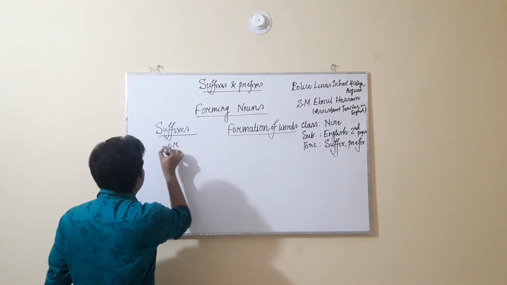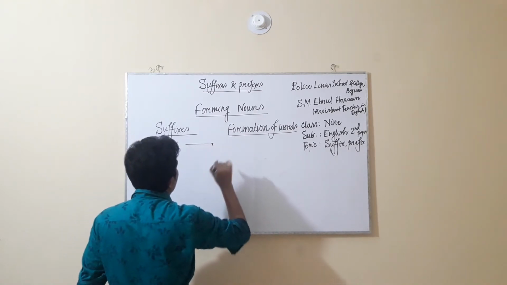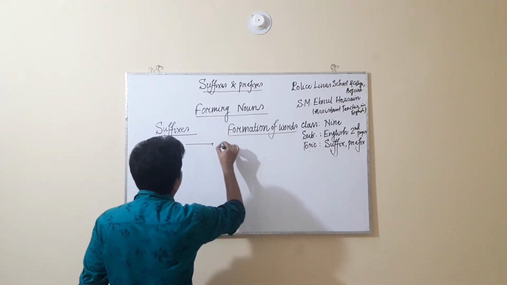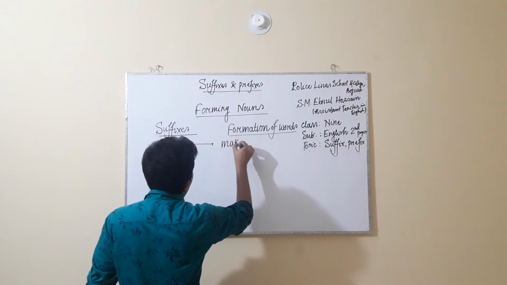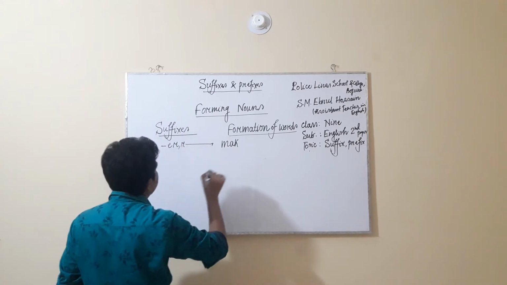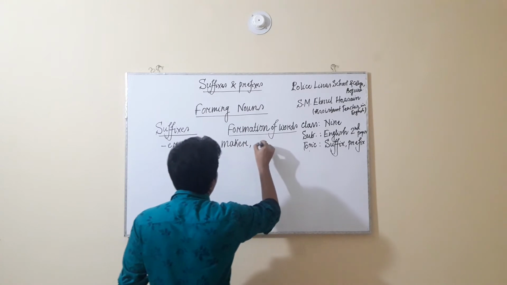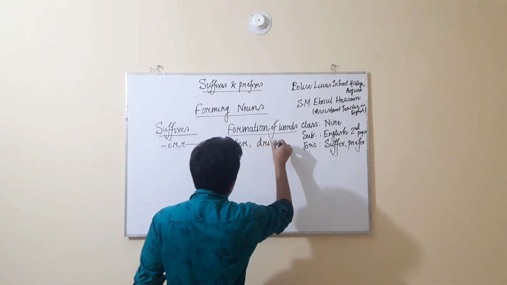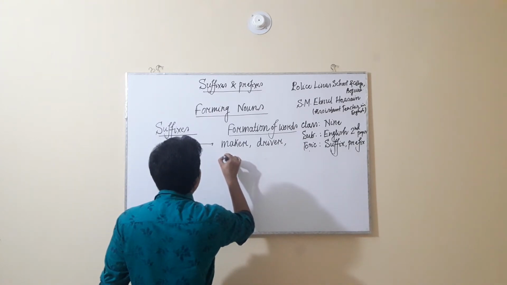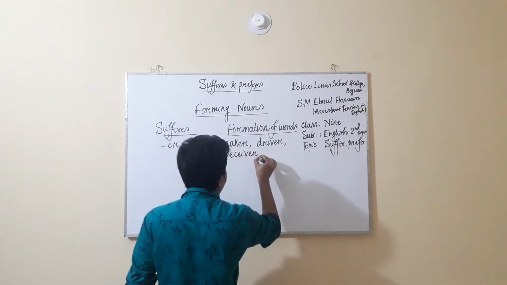ER. Now we are going to form words by adding ER or R. Maker, driver, receiver.